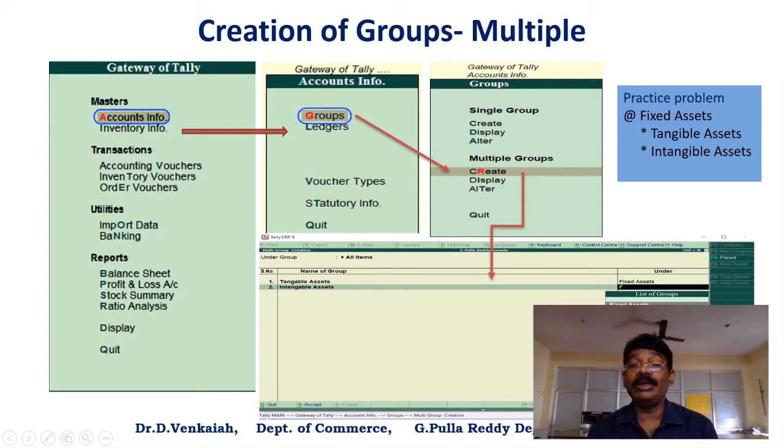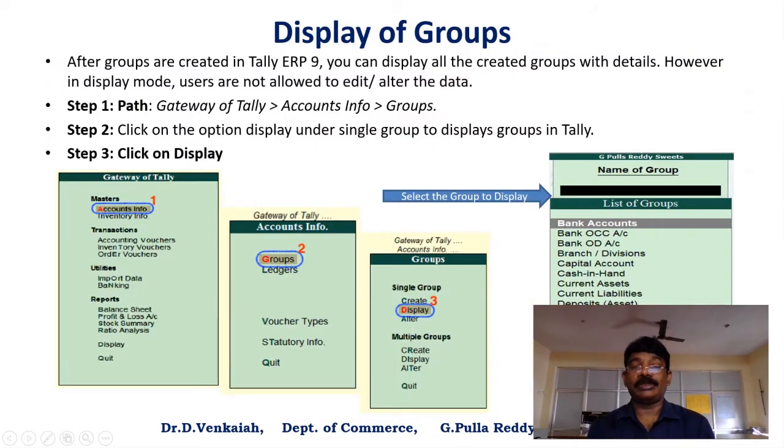Here we are understanding how to create multiple groups at one time. In this example, I explained fixed assets is a group. Under this I am creating two groups at a time, that is tangible assets and intangible assets. So I am creating tangible assets, selecting all items and taking tangible assets under fixed assets, and intangible assets I have to select under fixed assets.